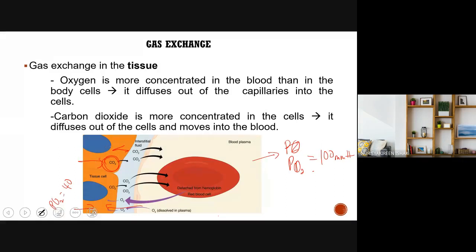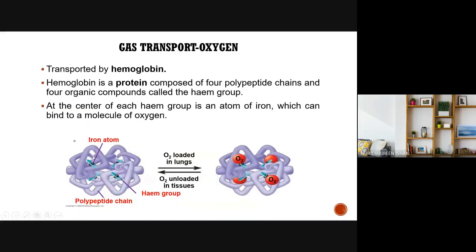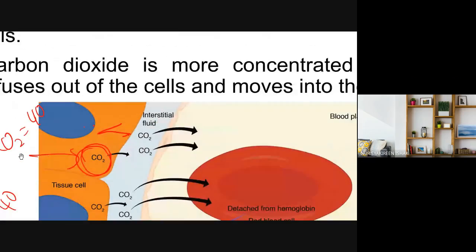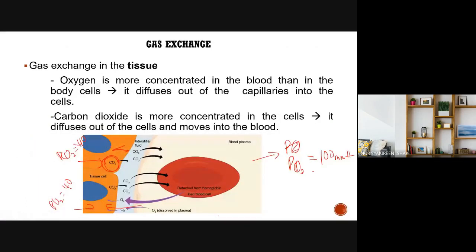What is its partial pressure? The partial pressure of carbon dioxide, if I'm not mistaken, is more than 46. Okay, 46.